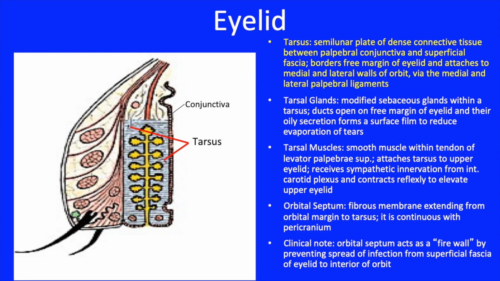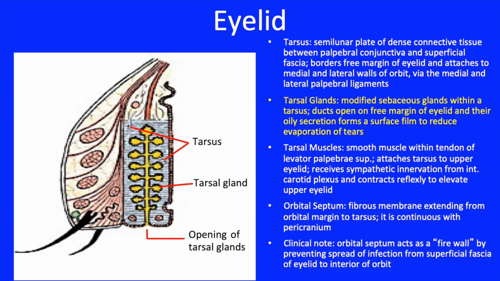The tarsi are semilunar plates made up of dense connective tissue and are located between the palpebral conjunctiva and the superficial fascia. The borders are the free margins of the eyelid, and the tarsus is attached to the medial and lateral walls of the orbit via the medial and lateral palpebral ligaments. The tarsal glands are modified sebaceous glands within a tarsus.